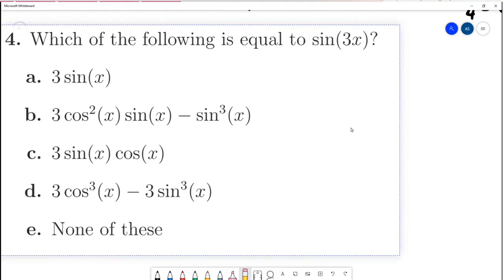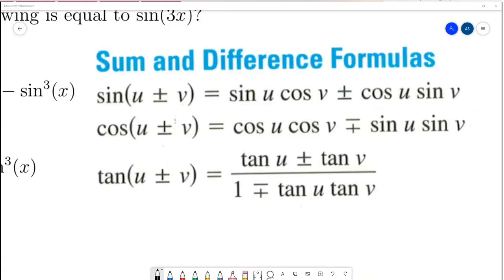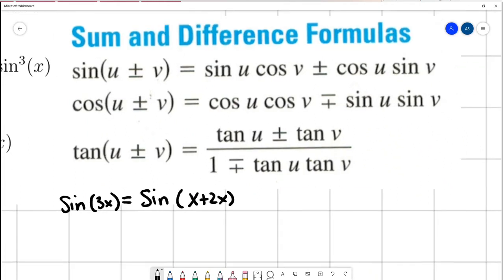I've got some of the formulas here. So I'm going to start with sine of 3x. Write that as sine of x plus 2x, so I can use the sum and difference formula.